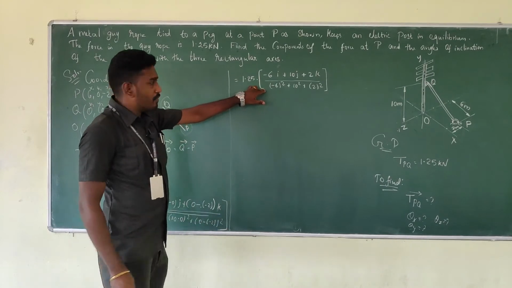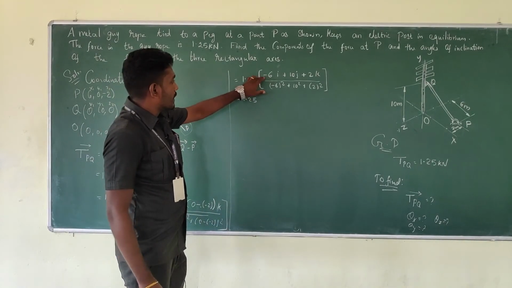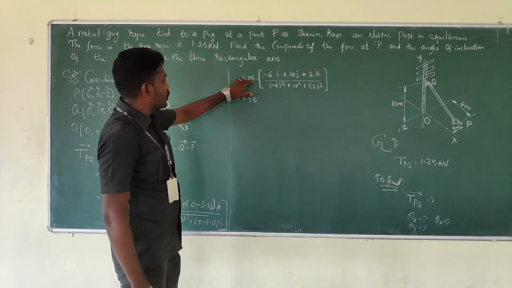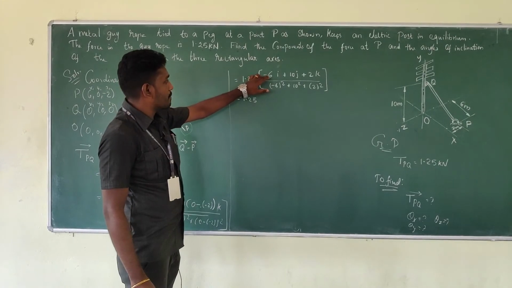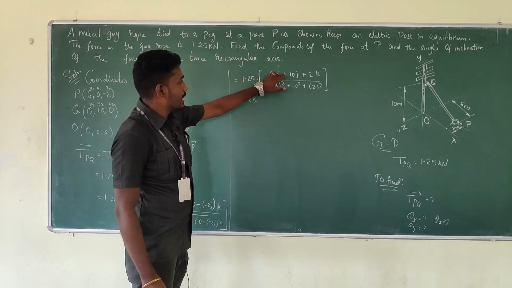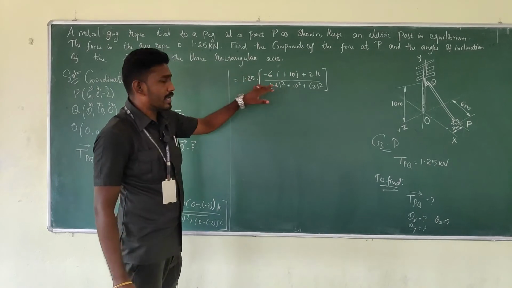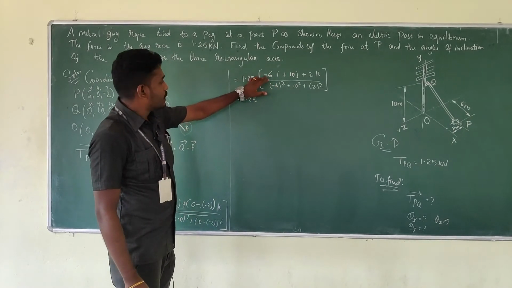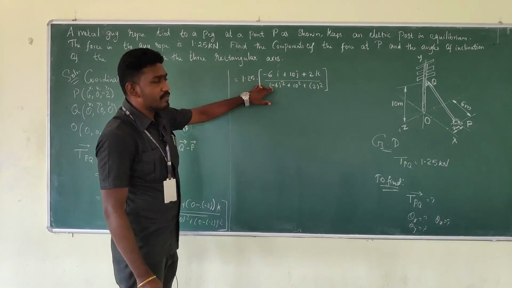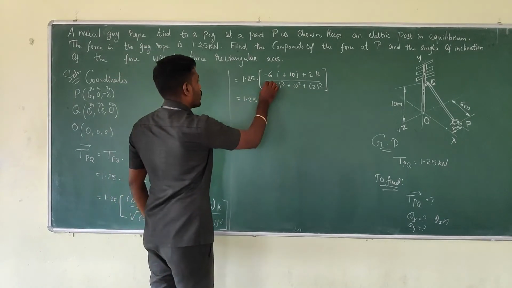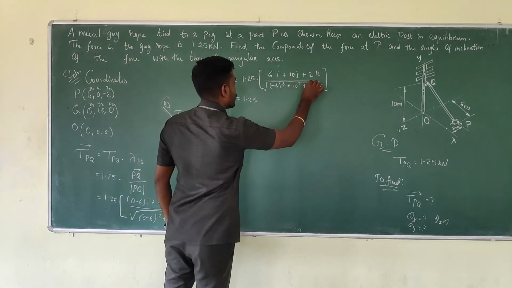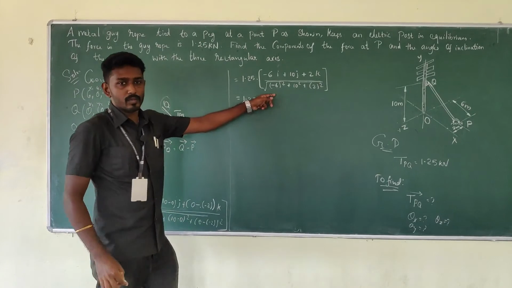So we can do the multiplication, that means 1.25 inside of the ijk terms, okay, just multiply it. At the same time, each component can be divided with the help of this magnitude of position vector, these values, okay.